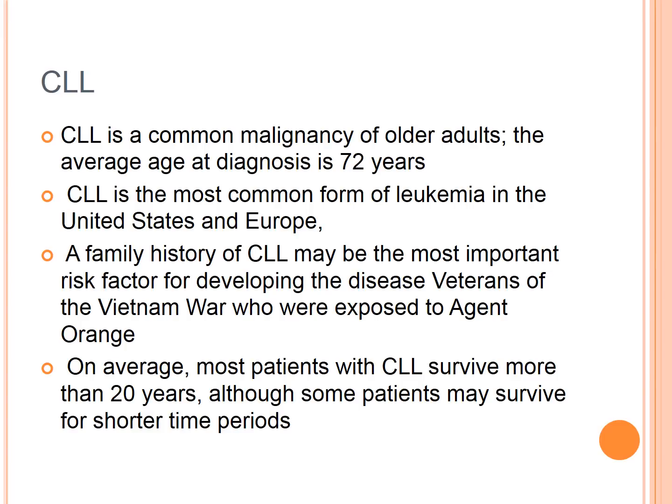So the signs and symptoms of CLL are the overall signs and symptoms we've been talking about. So the weight loss, they're fatigued, they may have decreased appetite, they may end up with an enlarged lymph node or enlarged spleen and recurrent infections, and also could be at risk for DVT and clots when they're further along with the progression of the disease.